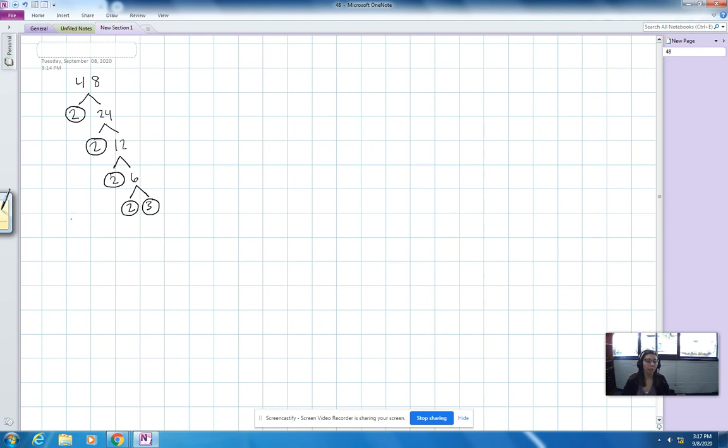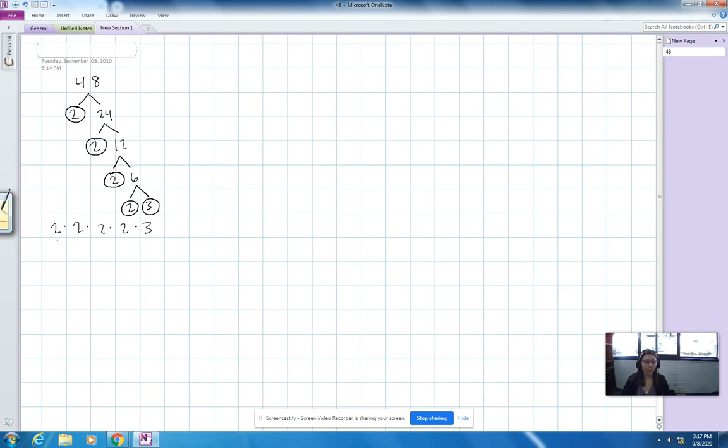I'm also going to make sure I list them in ascending order. It means going from smallest to biggest, least to greatest. So I've got 2 times 2 times 2 times 2 times 3. So this is the prime factorization of this number. We wrote 48 as a product of all of its prime factors.